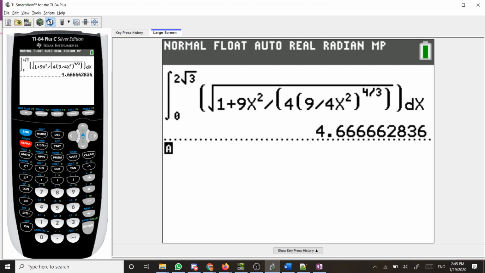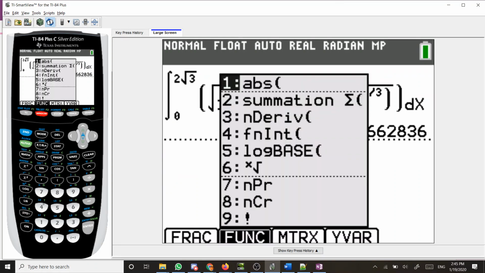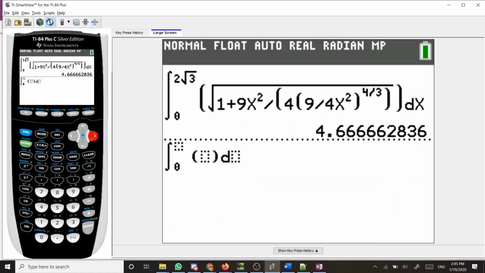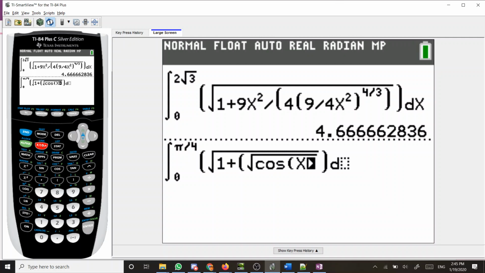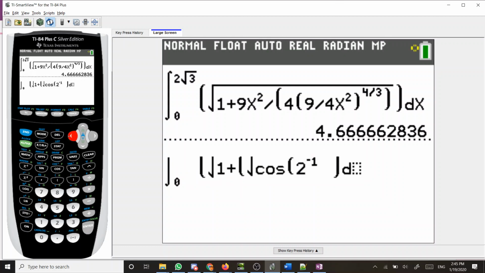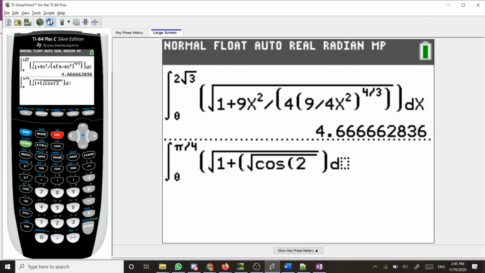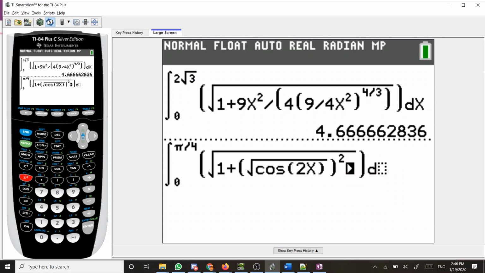We got the integral from 0 to pi over 4 of the radical of 1 plus a quantity here that is the square root of cosine 2x, and you're squaring that derivative, with respect to x.